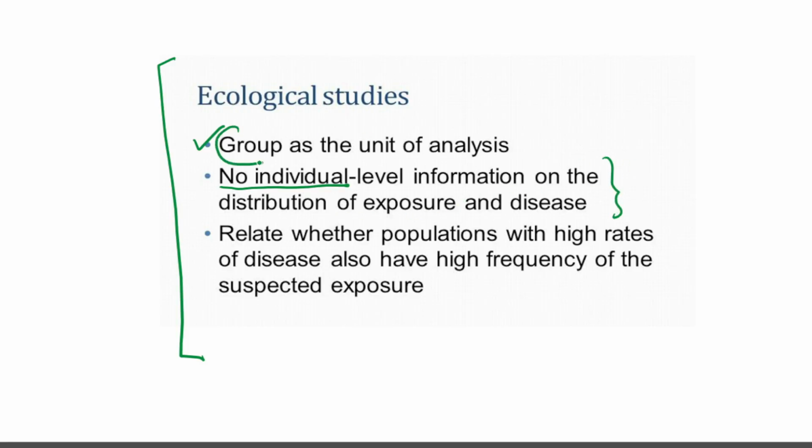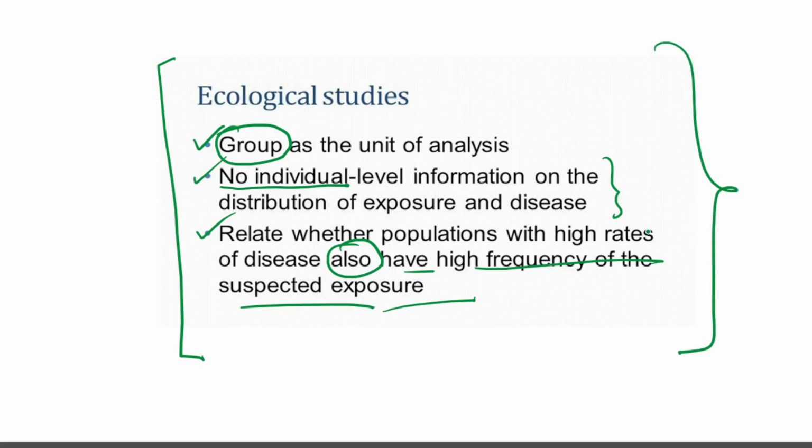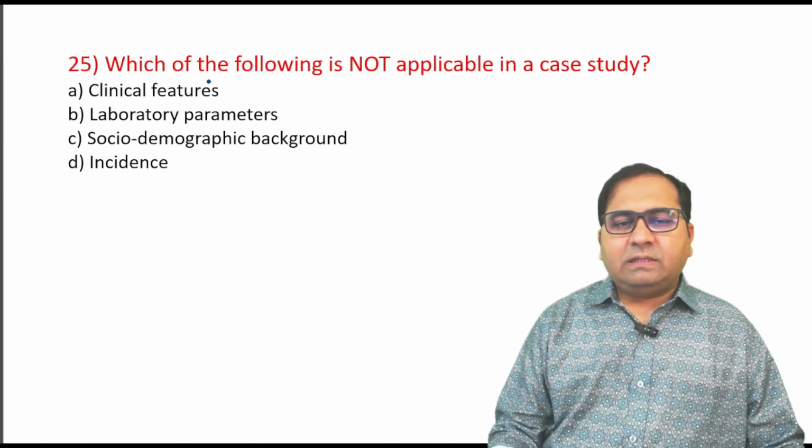So only a group will be the unit of analysis and no single person. And thirdly, you relate whether populations with higher rates of disease also have high frequency of suspected exposure. So these 3 points have to be remembered pertaining to the ecological studies, also called as population studies or population based studies. Okay. Let us see the next question.